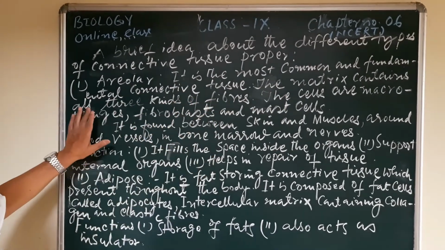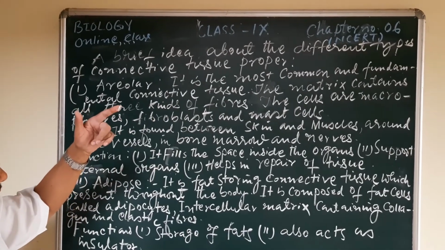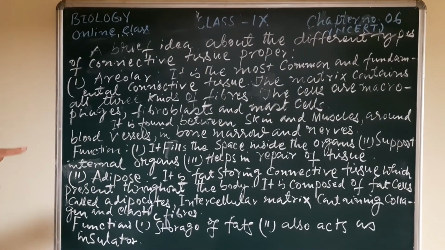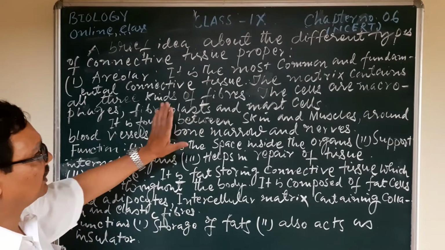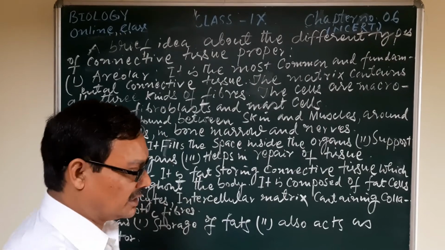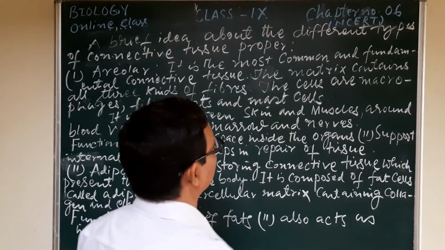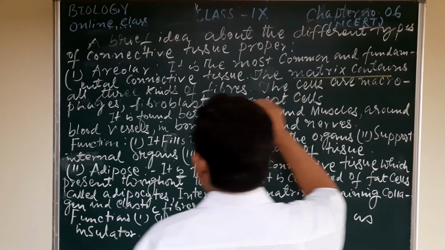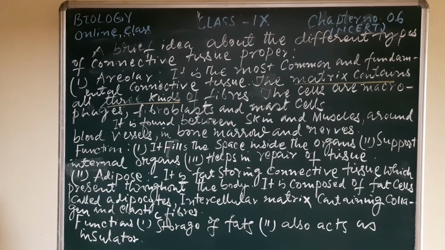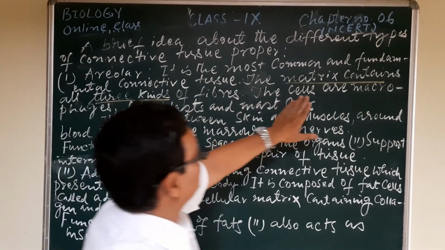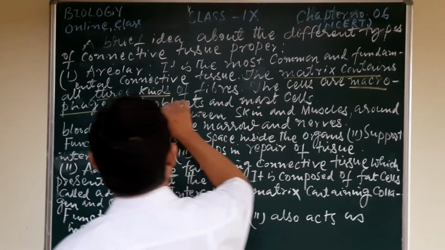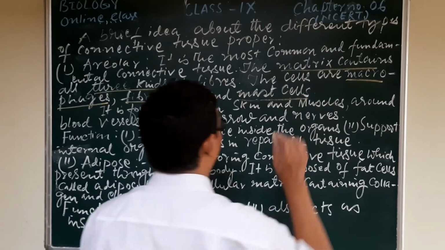The matrix contains all 3 kinds of fibers, that means collagen, elastic and reticular. All 3 types of fibers are present within the matrix. The cells are also of 3 different types: macrophages, fibroblasts and mast cells.